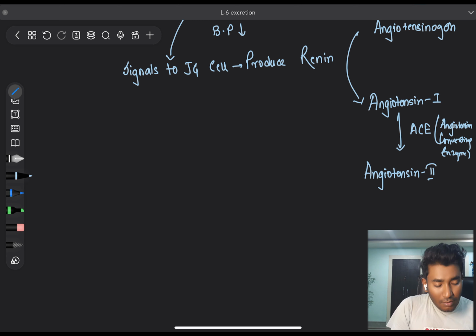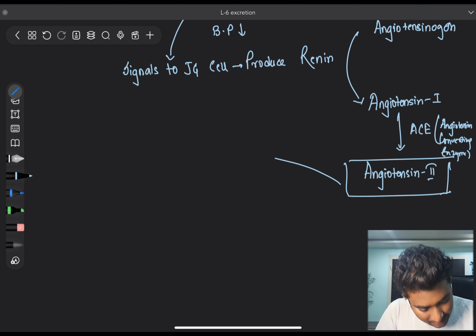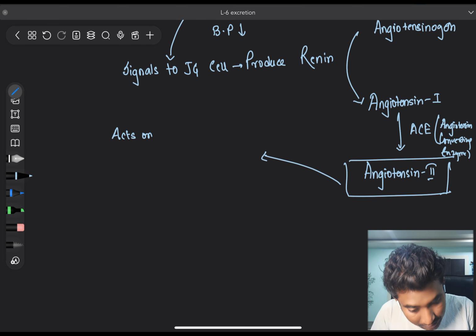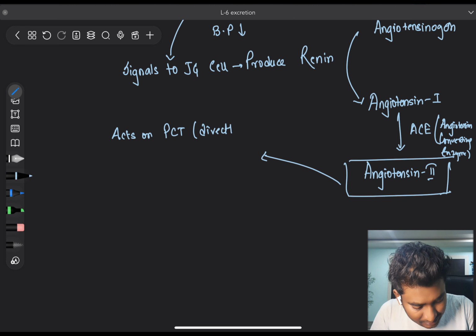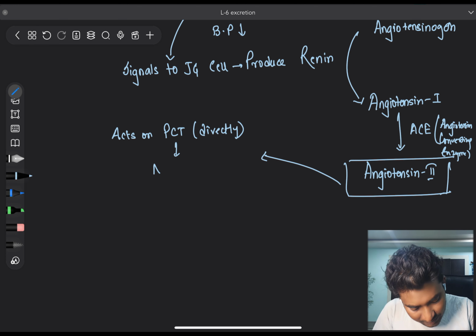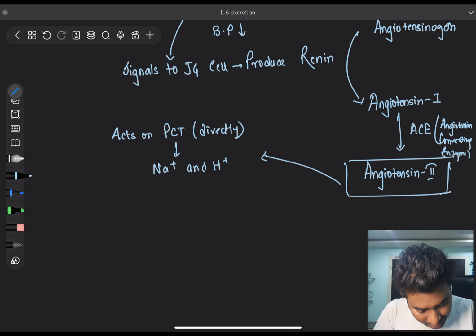So what happens when angiotensin 2 is formed? It directly acts on the PCT, the proximal convoluted tubule. When it acts on the PCT, sodium and H2O are reabsorbed more.